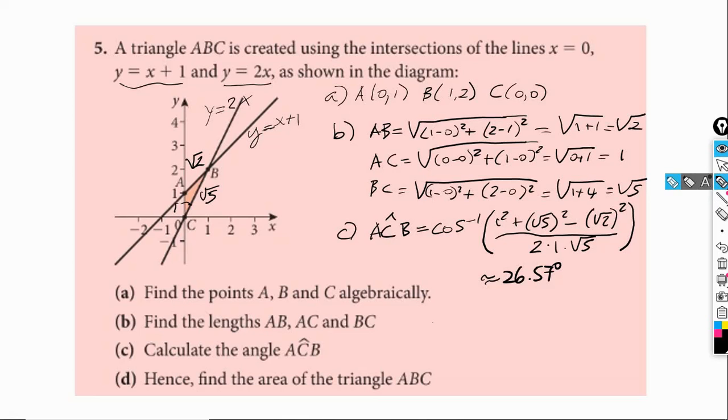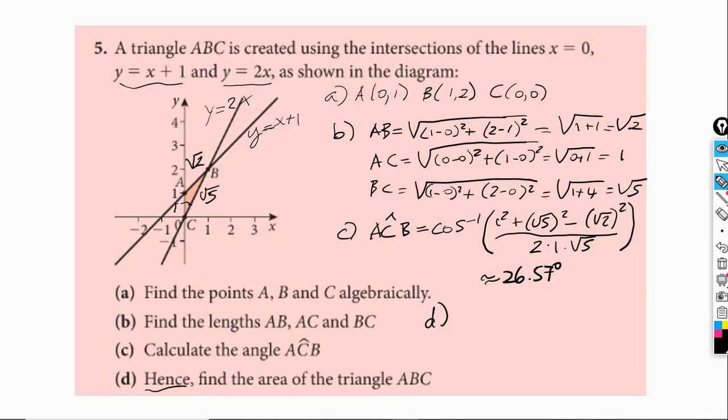Next, and finally, for part D, they want us to find, notice it says hence, that means that we need to use the previous information. Find the area of ABC. So for this, we can use the formula for the area of any triangle using an angle and the two lengths that are next to the angle.